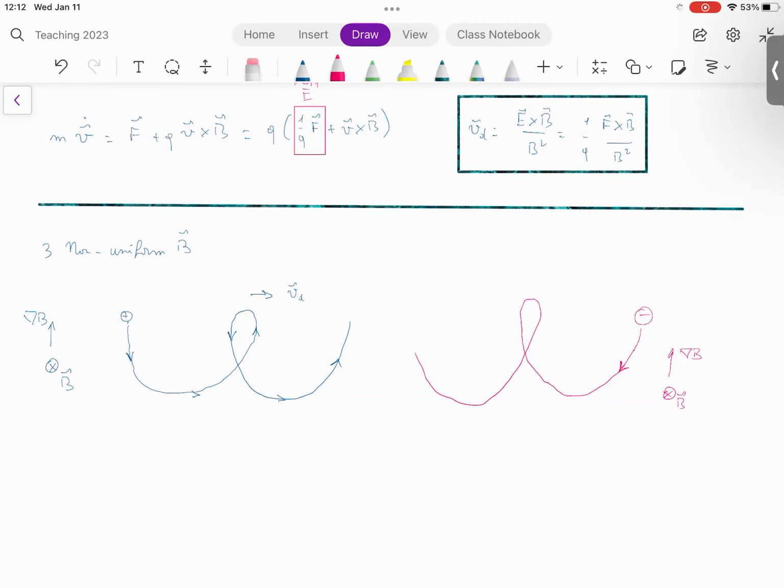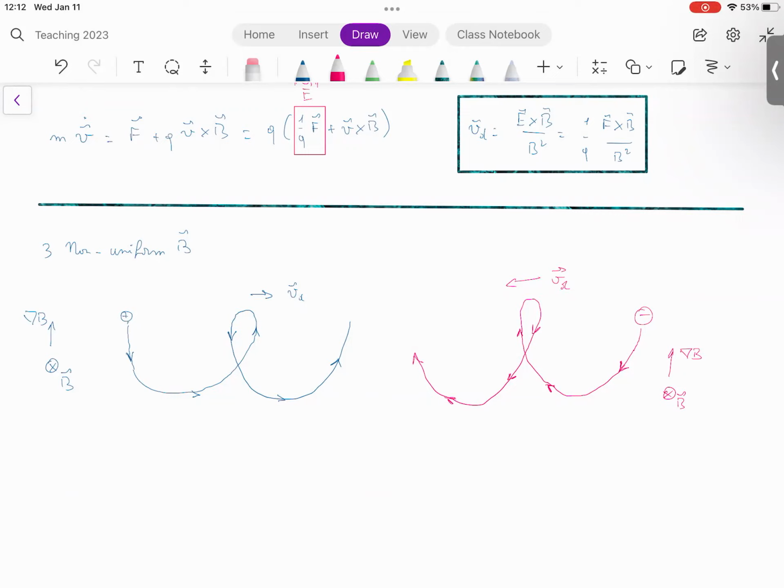Following the motion of my electron in the correct direction, I can see what's happening. I have a drift velocity that points to the left, not to the right, which is quite different from what we saw in the E cross B case.